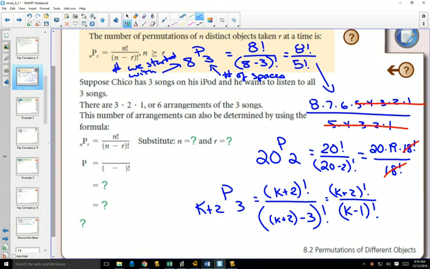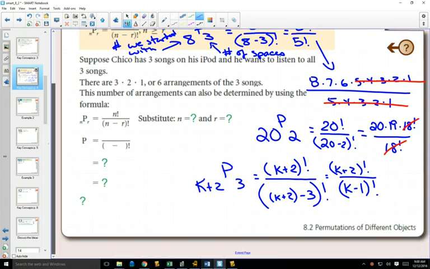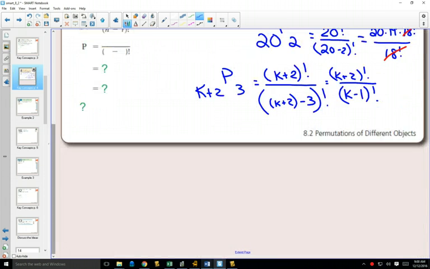Which is bigger? If you're having trouble visualizing which one's bigger, throw in a number for k. Like if k is 10, the top number would be 12, the bottom number would be 9, so obviously the top number is bigger. If we start expanding the top one, you have k plus 2. What would be next? k plus 1, one less.